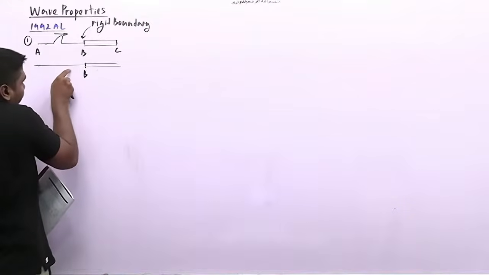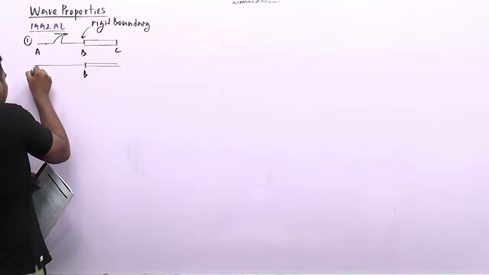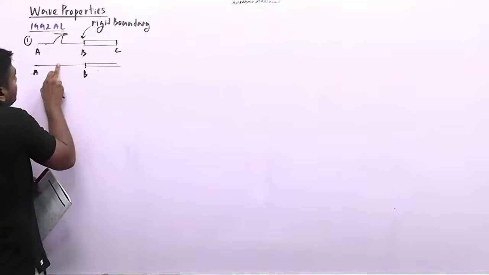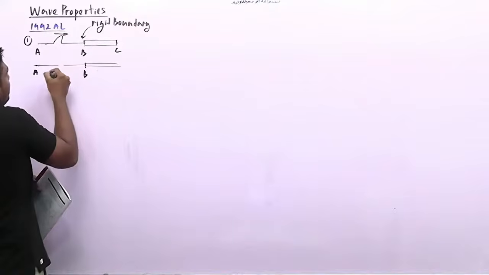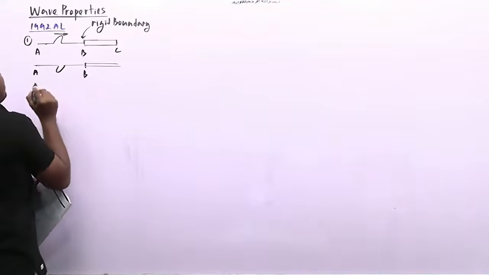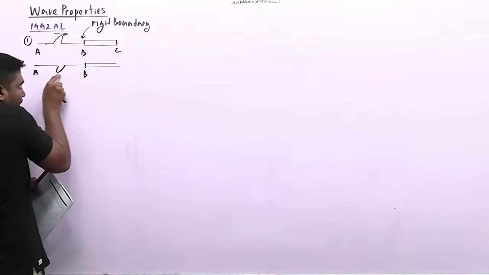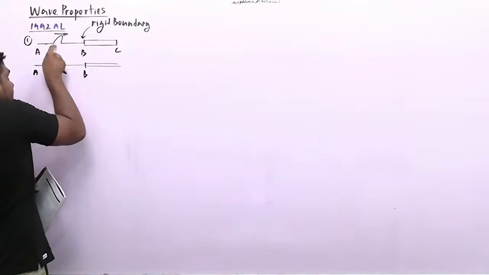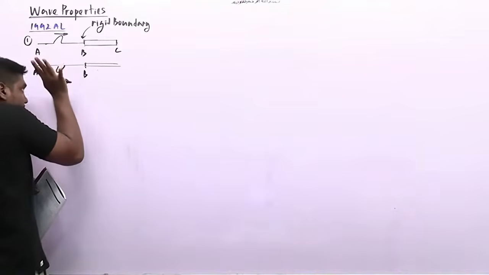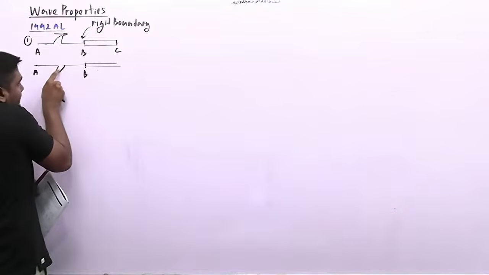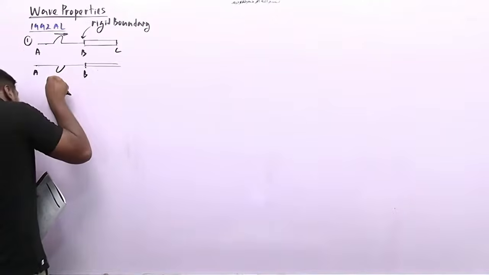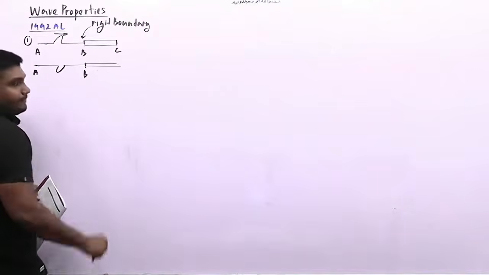The wave pulse propagating in string AB is going to be inverted. If I draw the shape, it would be like this. But when you compare the amplitude of the reflected wave pulse in string AB with the incident wave pulse in string AB, remember, this pulse has a relatively smaller amplitude than this pulse.